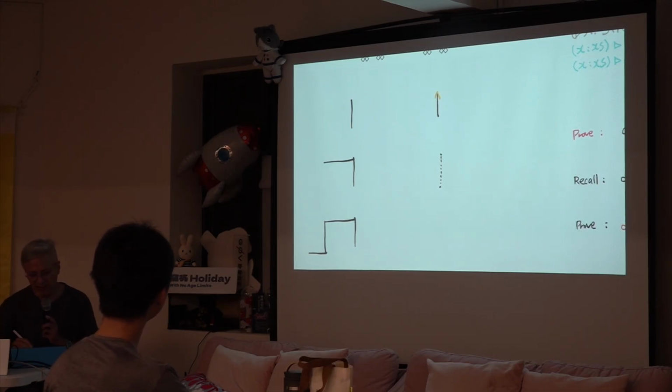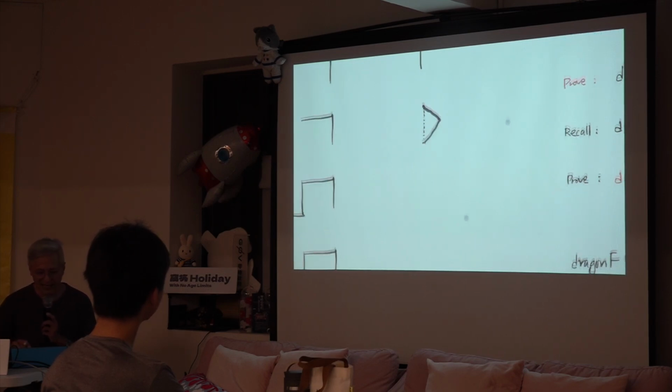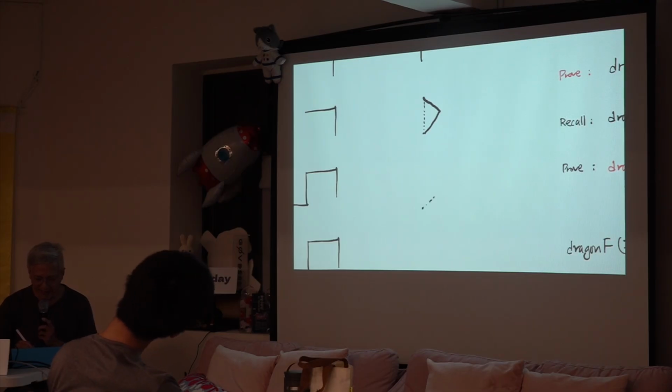So this dotted line is the previous level. Instead of one straight line, you turn it into a crease like this. And that's level 0.